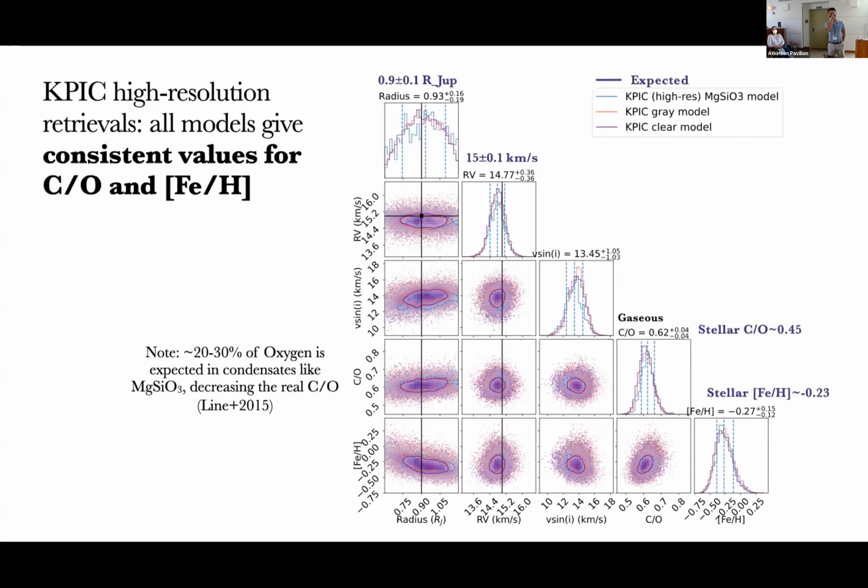And so I'm still doing a detailed analysis and correction for this because previous studies have found that, in fact, you can expect that some of your oxygen is locked into solids, such as enstatite, and those would not be seen by our data because we only probe the gaseous molecules, the carbon monoxide and the water and other molecules. So if we do this correction, we may be able to push the C to O ratio down a bit because in fact, you have more oxygen in the object's atmosphere than you can see. But right now it's looking pretty promising.